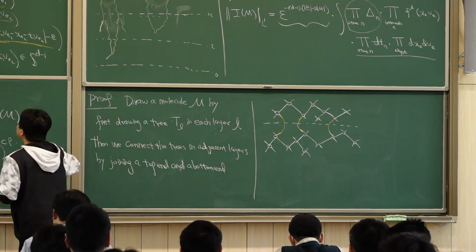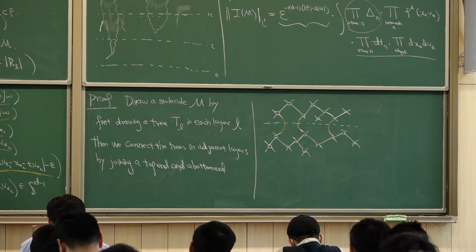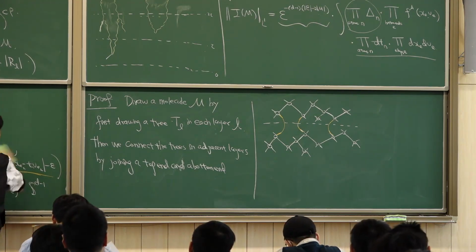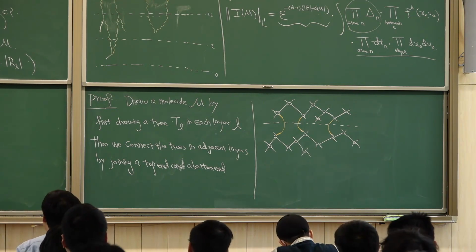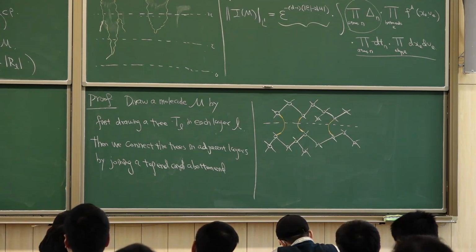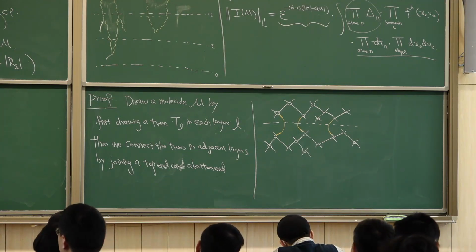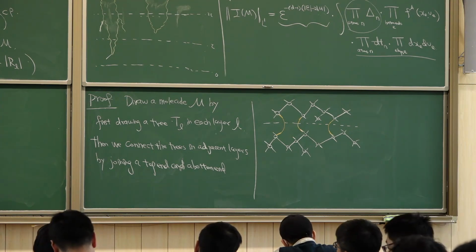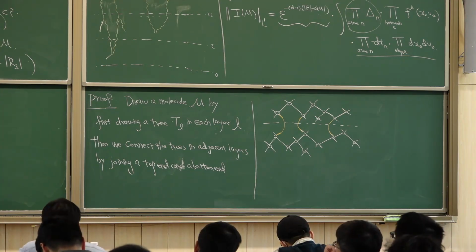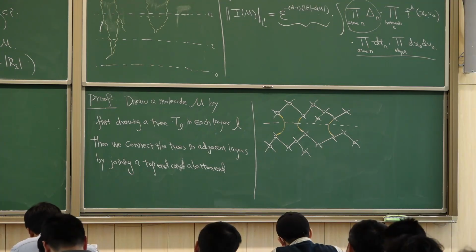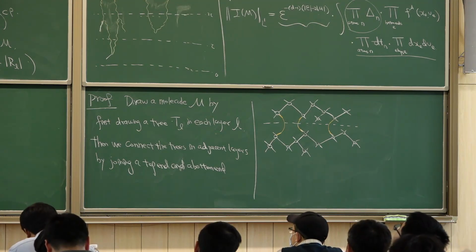This is simple because if there are m_L atoms in layer L, then the number of choices for the tree T_L is less than a constant, let's say 100 to the m_L.